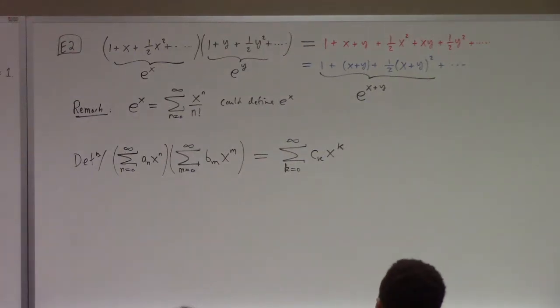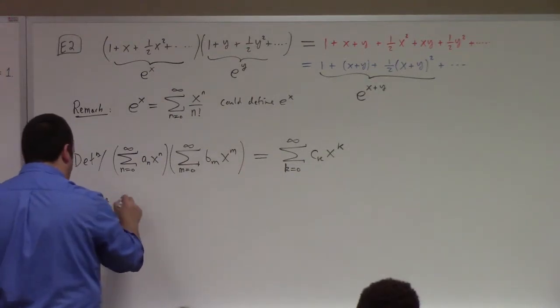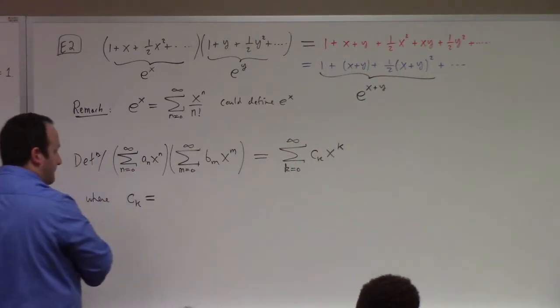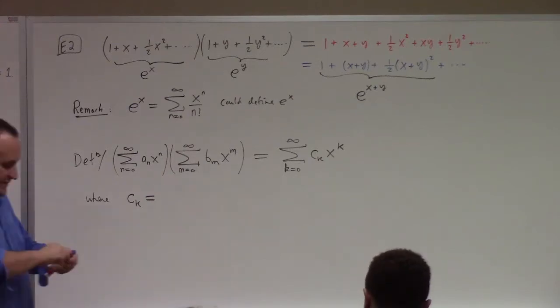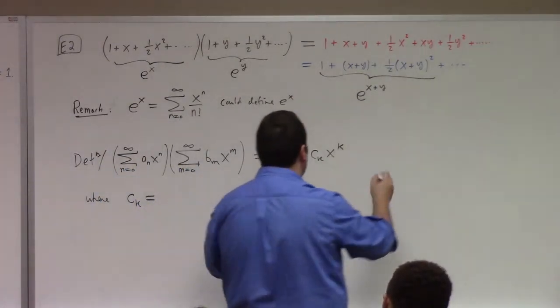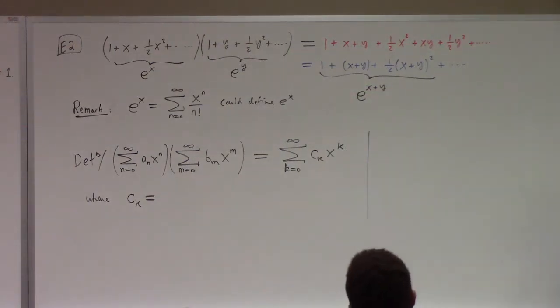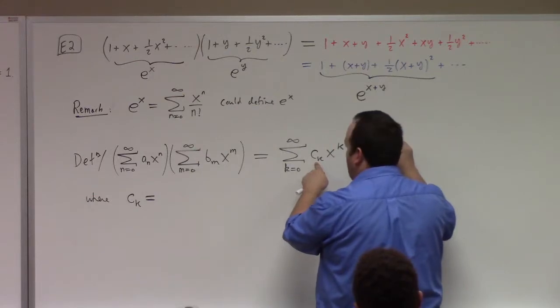And how do we define what the c sub k's are? I'm telling you this is the definition of the product of two series, and then you can prove a theorem that says that this actually converges. But how do you actually define these? I mean, what would c0 be?